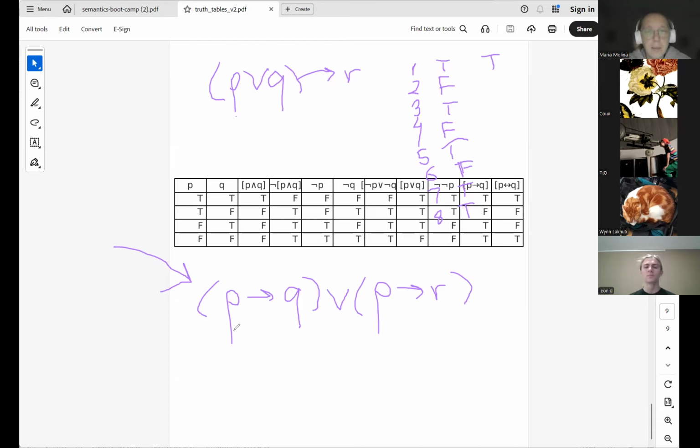Now, P true, Q true, R false. P to Q is true, so the disjunction is true. The disjunction is true. Good. P true, Q false, R true.